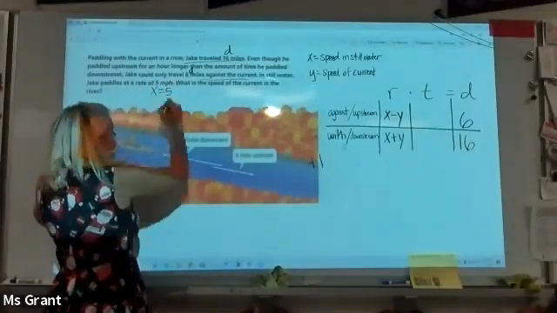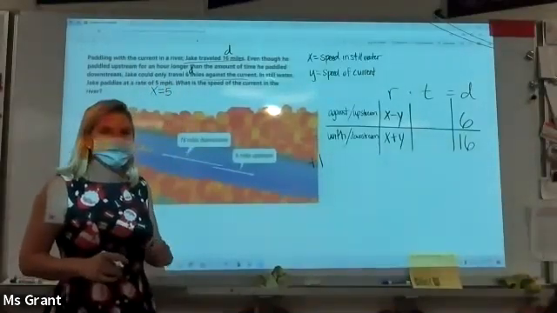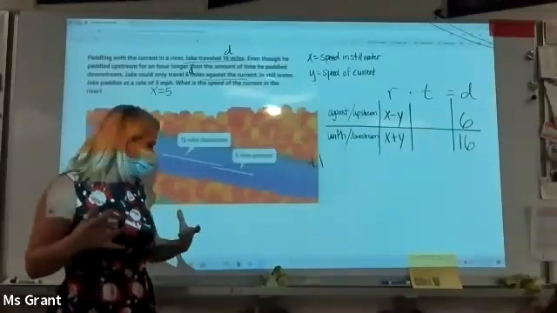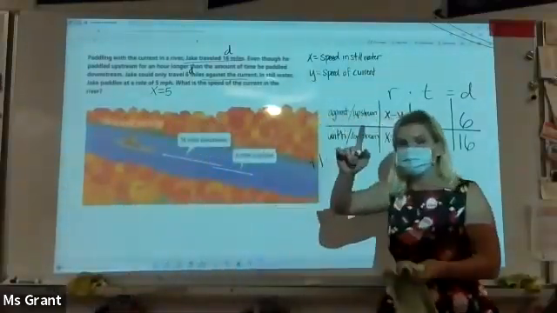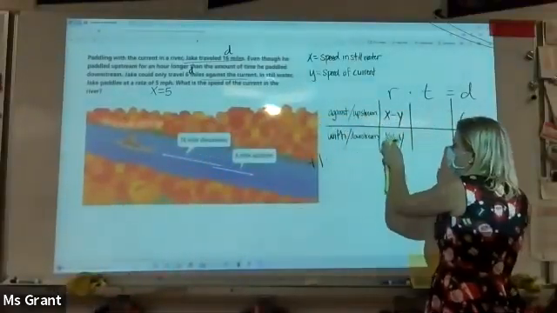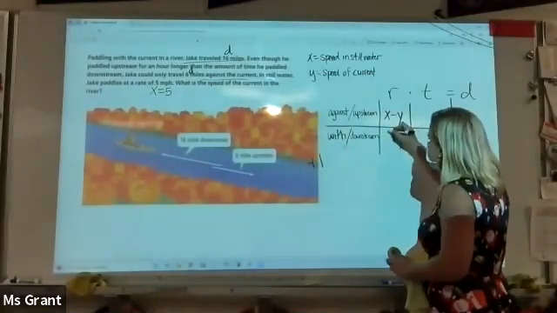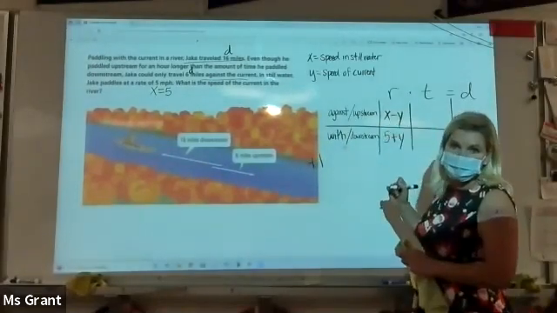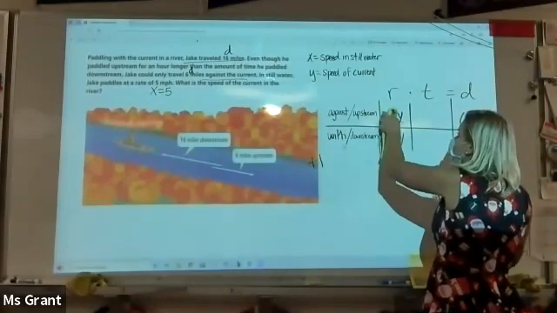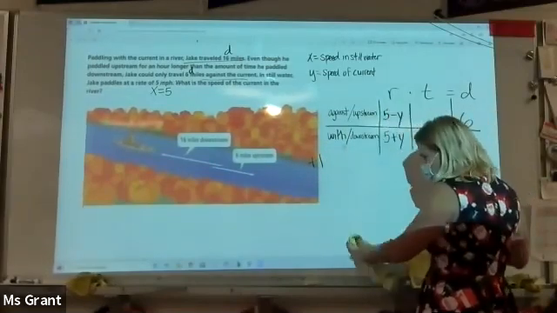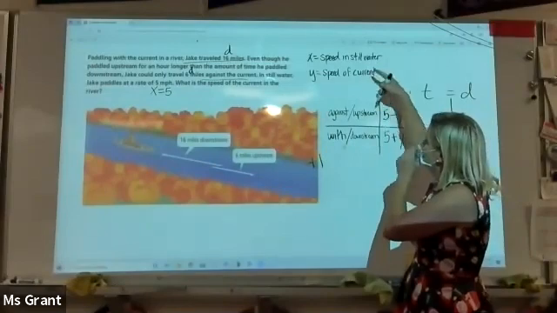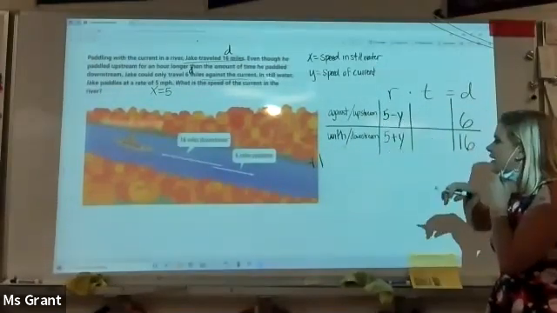I know his X, it's 5. Jake's speed is 5, which means I can replace X with 5 because I was told in my problem Jake's still water speed is 5. So I put a 5 there instead of X.